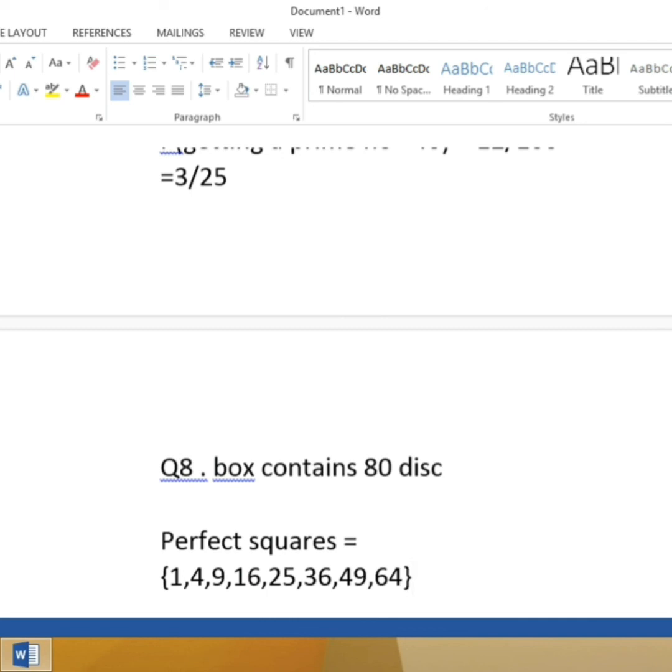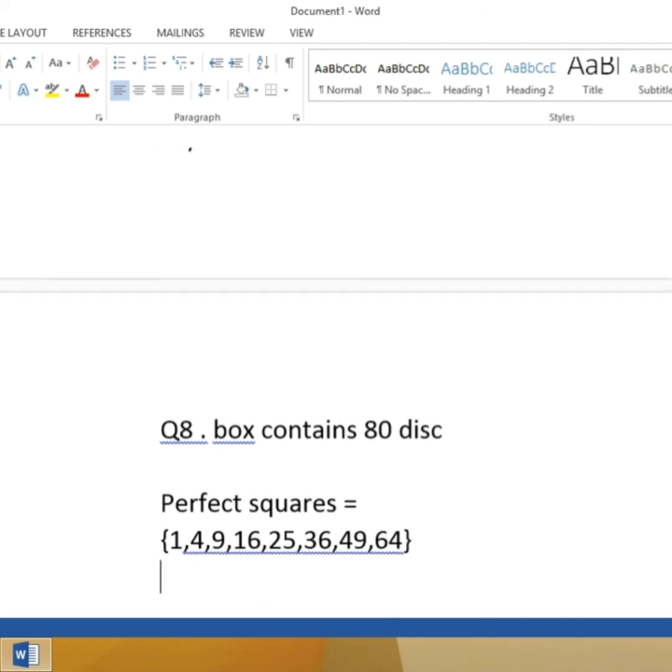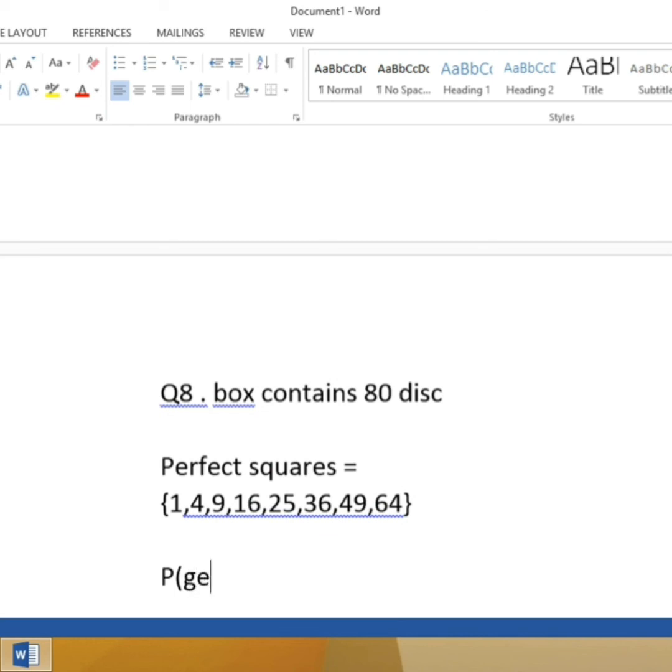These are the possible perfect squares within the list of 1 to 80. So the probability of getting a perfect square is equal to 8 by 80. Simplifying, we get 1 by 10.